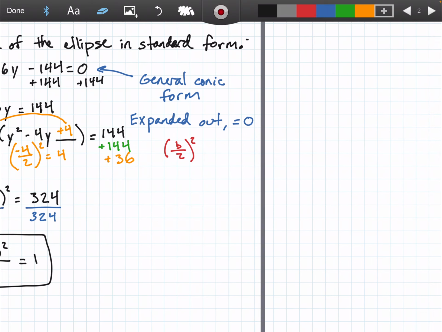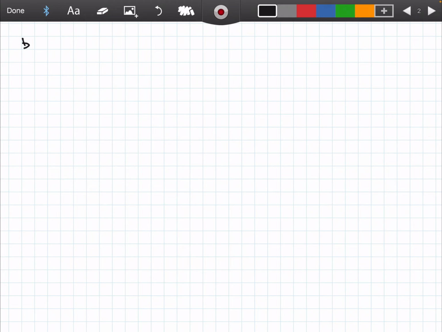Okay, next example we're going to look at are going to be equations where we're given the vertices and we're given the foci.